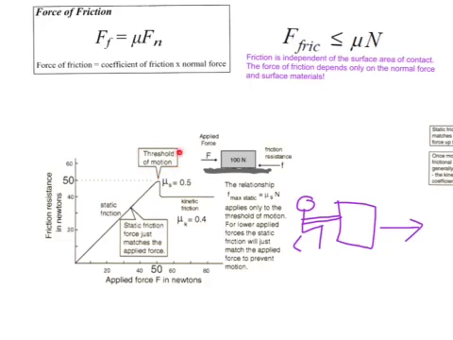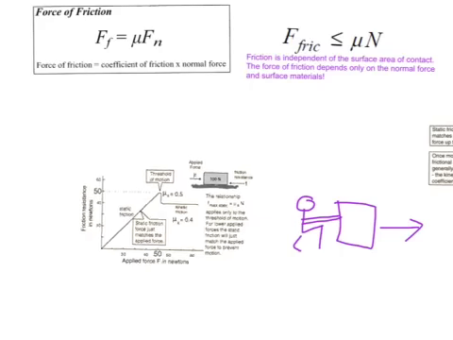At some point, we get to a threshold of motion where suddenly we get that little slip and we begin to have this constant kinetic friction here. So what this is saying is static friction will increase until we get to that threshold point. Then kinetic friction continues on at a constant.